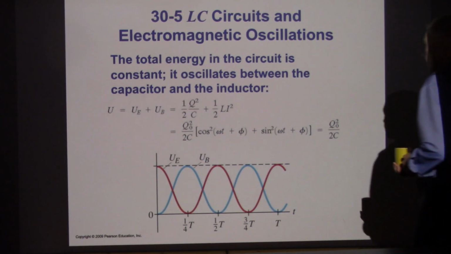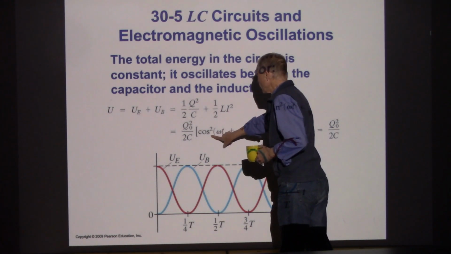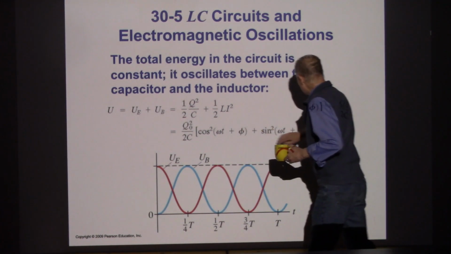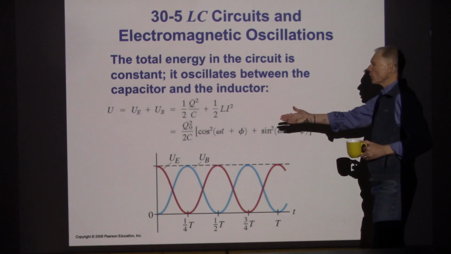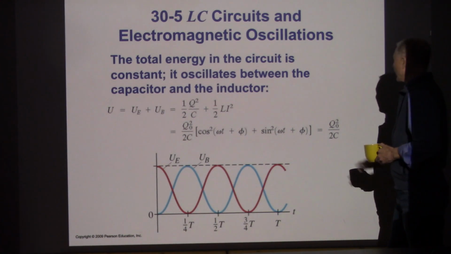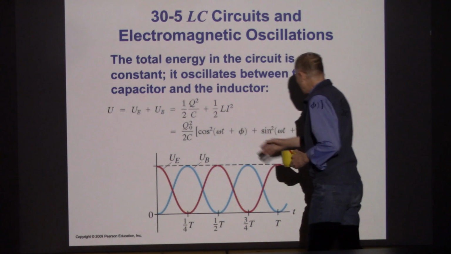So when we add up both of these, the energy storage in the capacitor behaves like cosine squared. Again, I would just set these phase angles to 0. Those are for instances where we don't start with all the energy in the capacitor, and we're not going to look at anything like that. This is enough for us to see the effect that's going on.